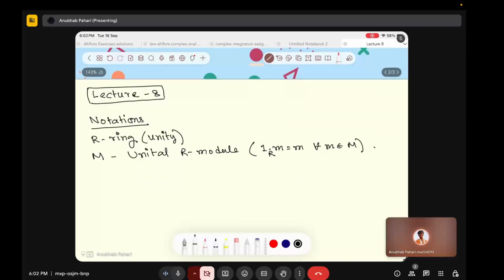Since you are learning about modules and their examples, let us start with the easiest of exercises. Let R be a ring with 1_R, and let M be a left unital R module.